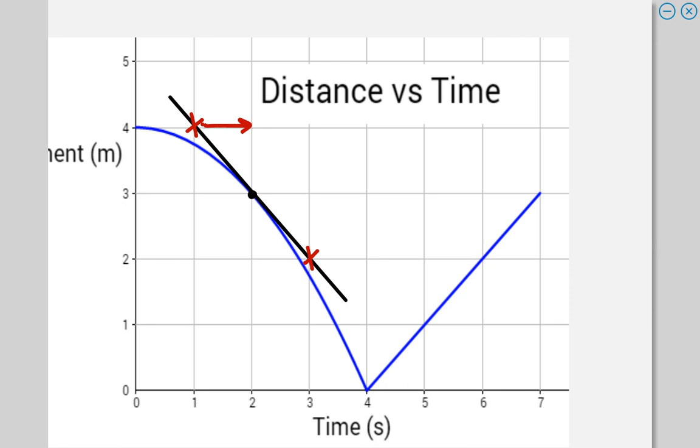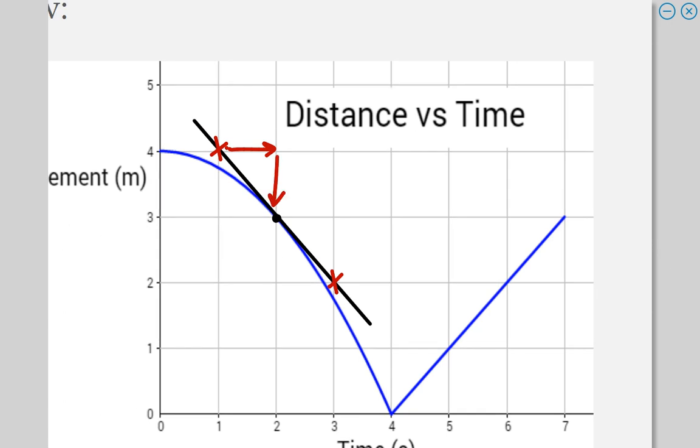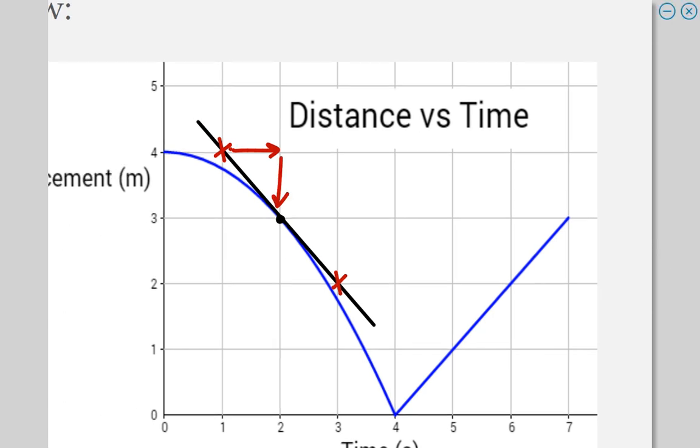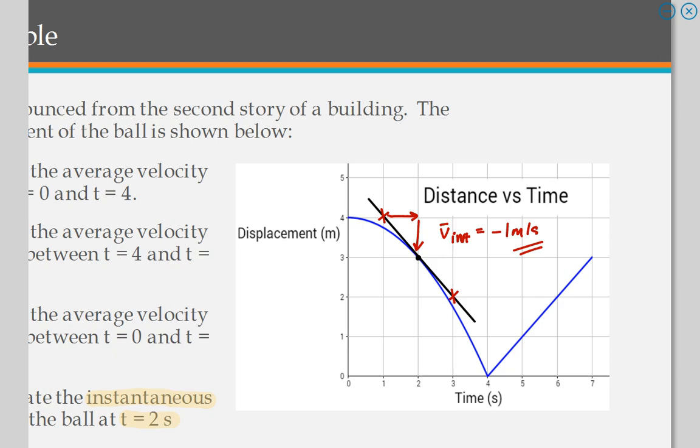Over 1 and down 1, it looks like V instantaneous is -1 meters per second at that spot. You guys agree? Over 1, down 1? All right, so that's the difference between instantaneous and average.